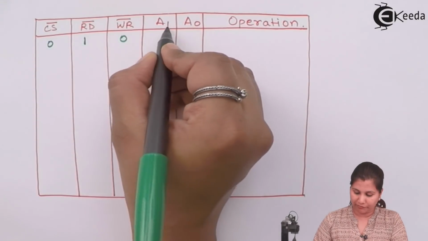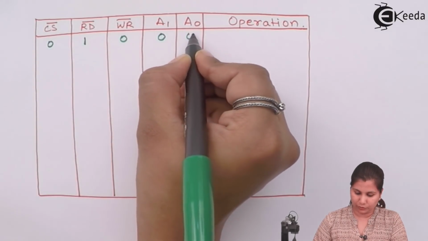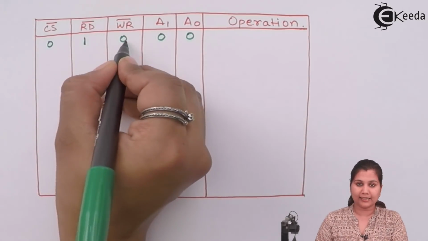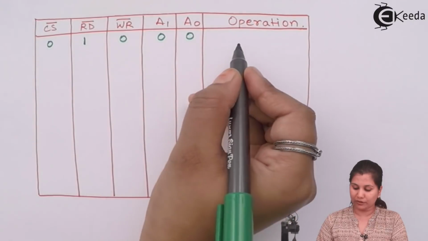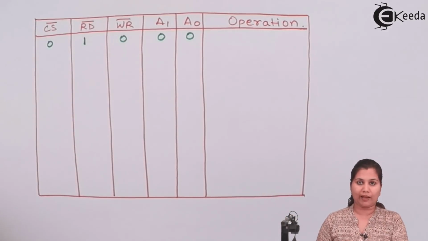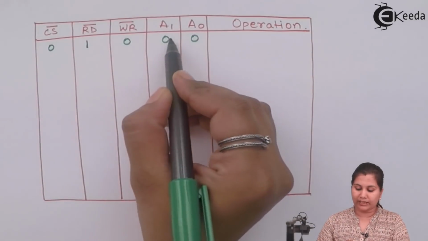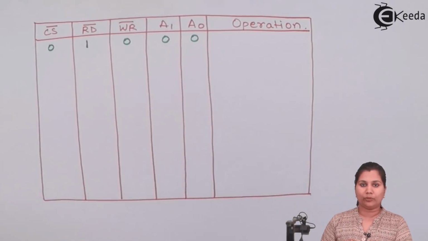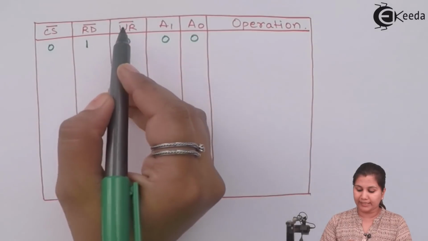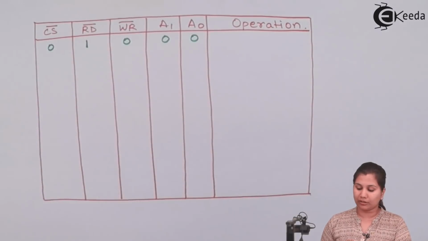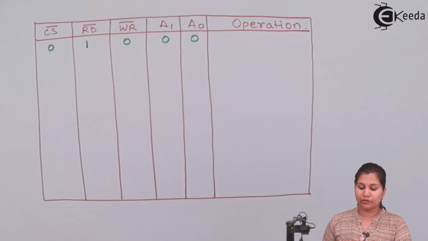Now if the value of A1 and A0 is 0 0, then counter 0 is selected, and here the write signal is 0, it's active, so it will be a write operation. The operation will be to load the count value into counter 0.